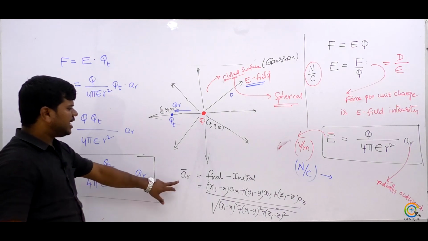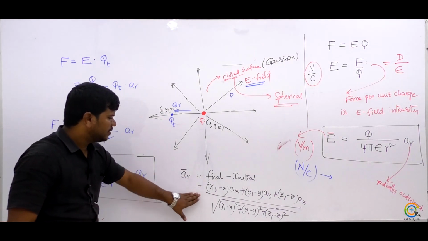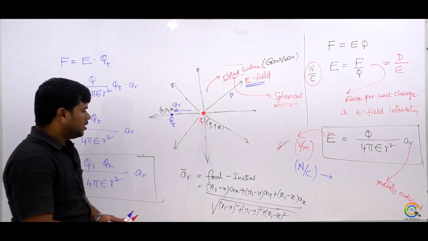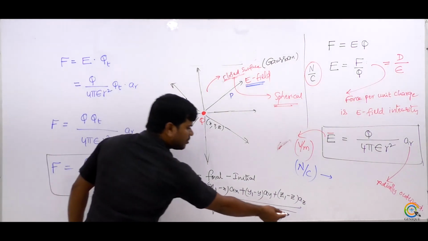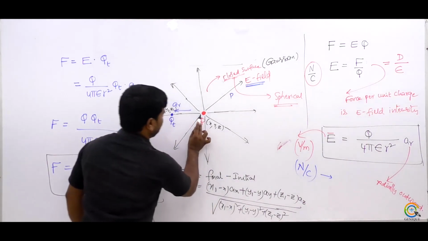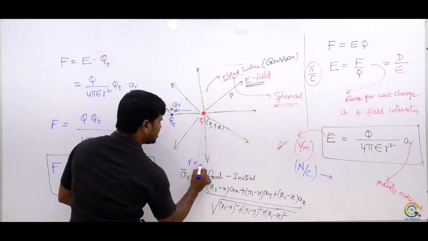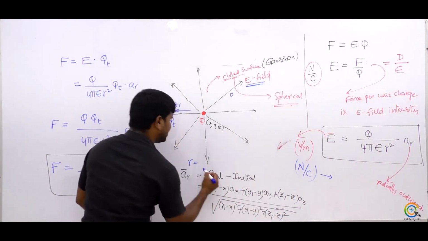So like this, if any point, see, already we have found the vector. So this is nothing but what? It is the distance between these two. Understand? What is this? R. R is equal to this one, the distance.